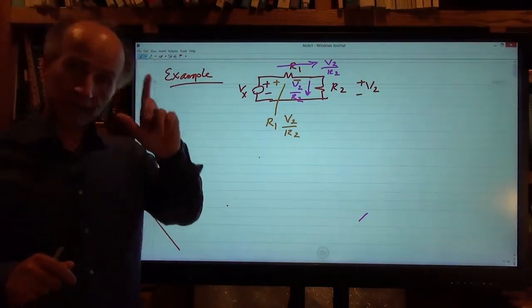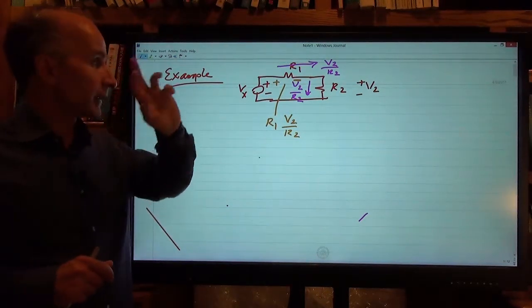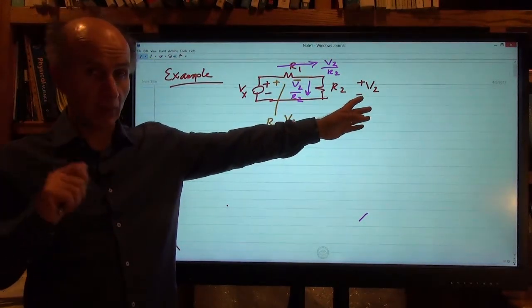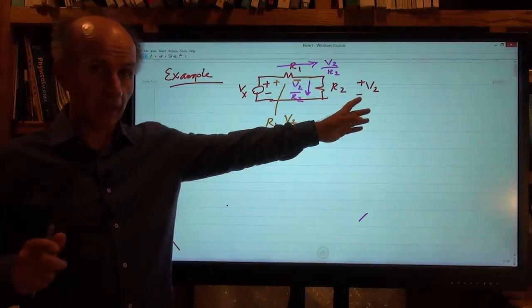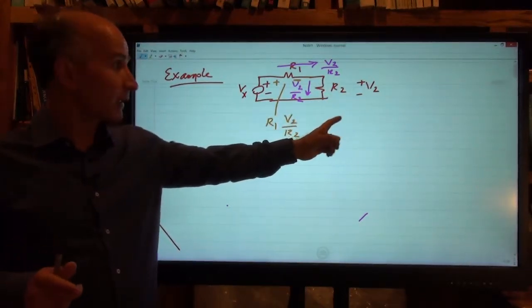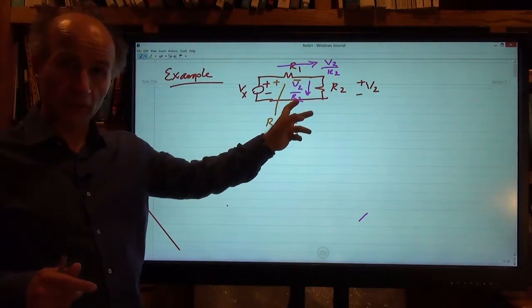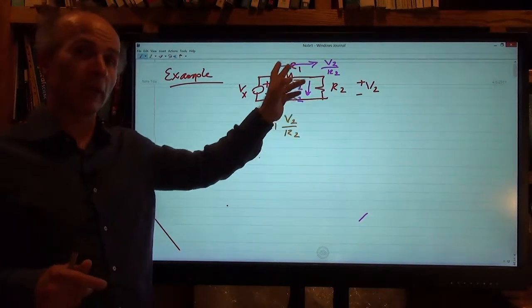All right, so as a summary, this is what we did. We said the voltage across R2 is called V2. It's not known yet, but it's just called V2. That means that the current through R2 is given by V2 over R2. If we find V2, we'll find V2 over R2.